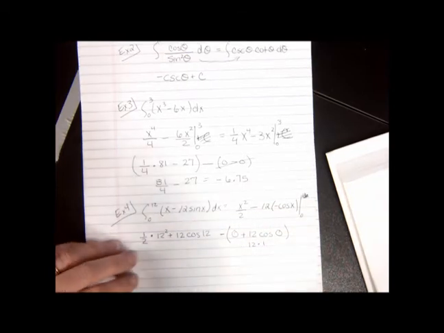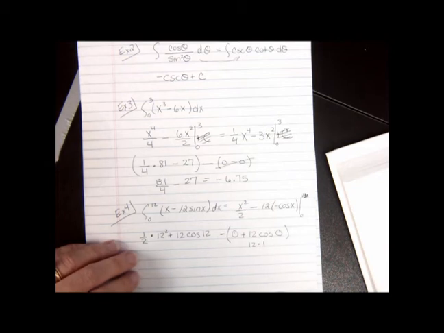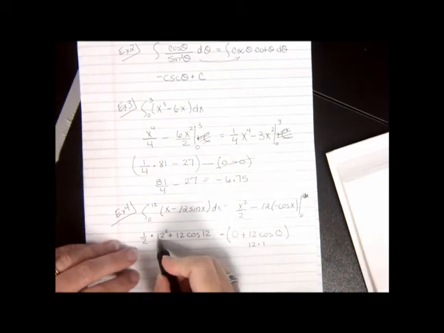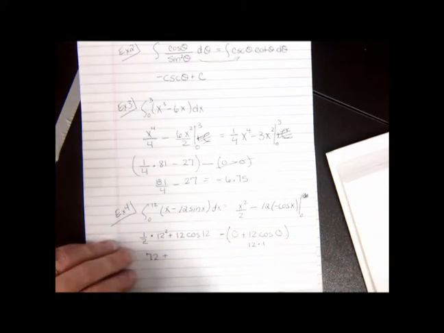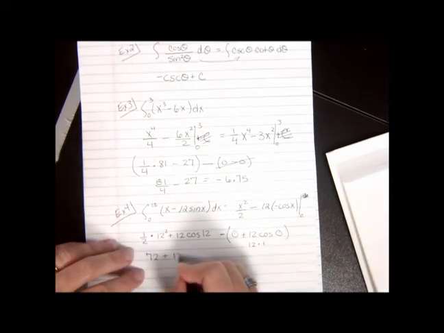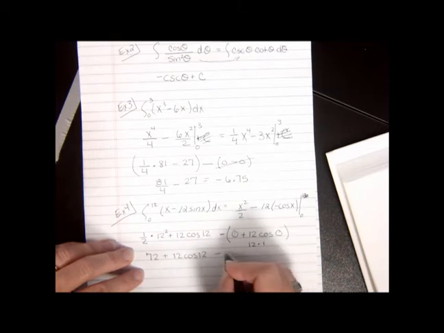So when I take my value of 144 and divide it by 2, I get 72 plus my 12 cosine of 12 minus 12.